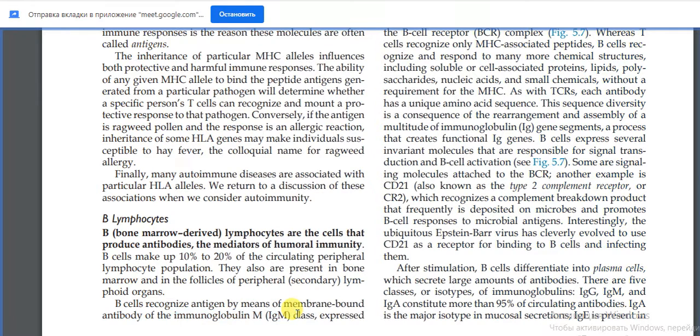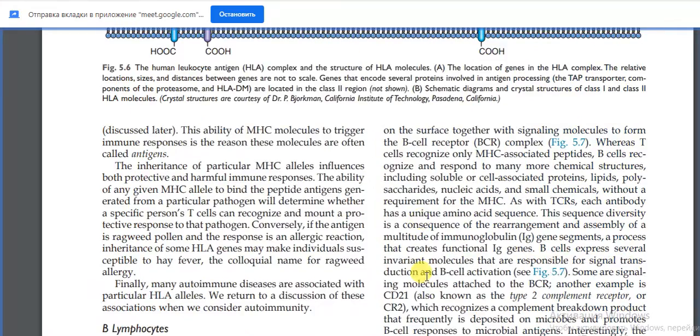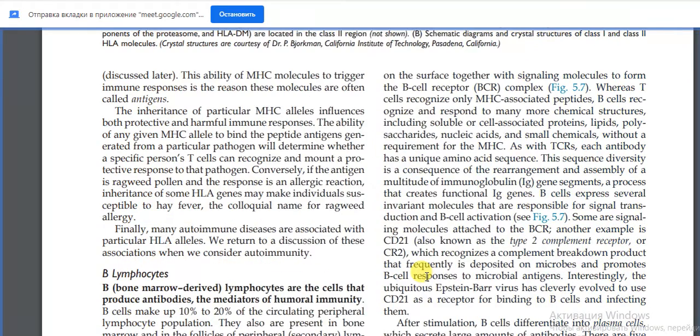This class of antibodies is fast reacting, and it is present on the surface of B cells. Immunoglobulin M is attached to the cell membrane of the B cell, and along with other signaling molecules it forms the BCR, known as the B cell receptor.